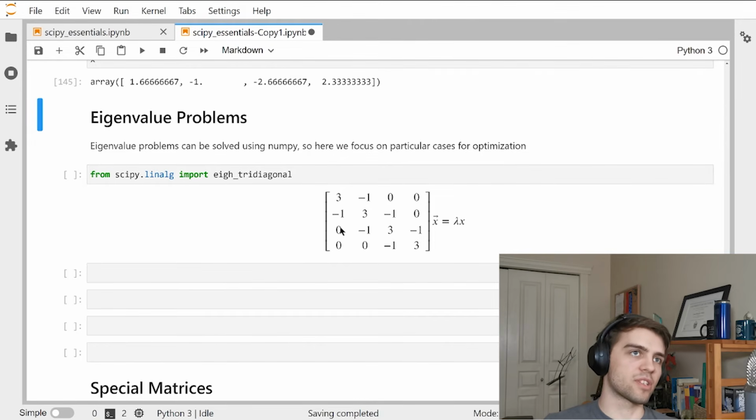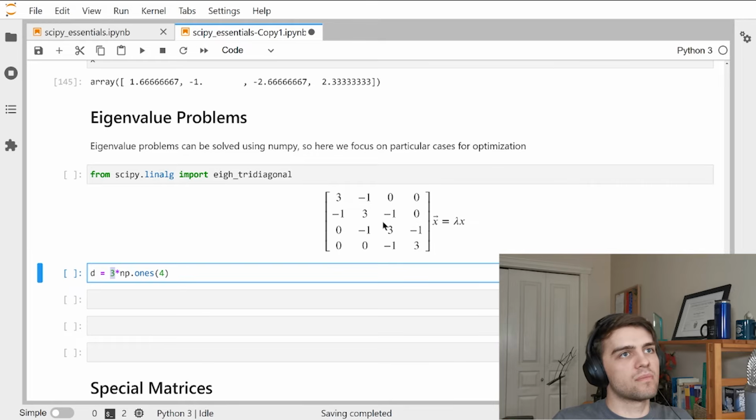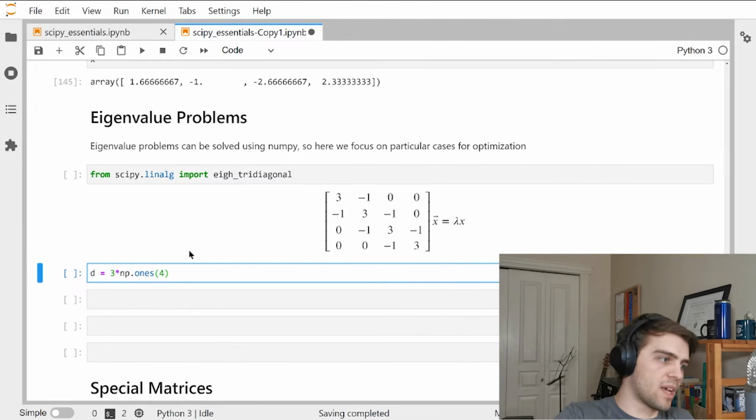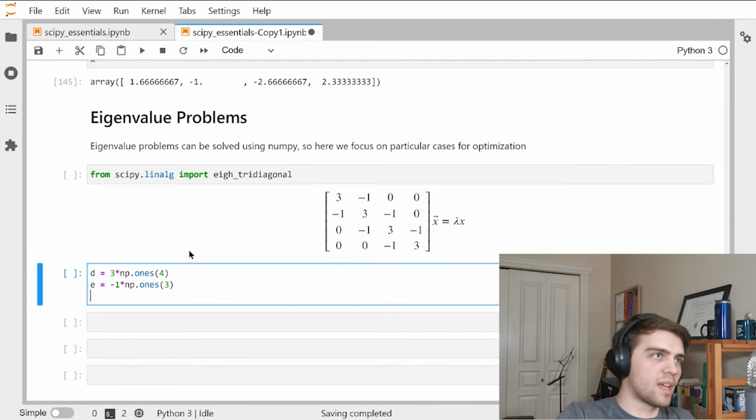That's a tridiagonal matrix. And so to solve this problem, I would first specify the main diagonal, which is just 3, 4 times. So it's 3 times 4 ones, right? So this gives me an array of 4 ones multiplied by 3. The off diagonal is equal to -1 times np.ones(3). And I can get my eigenvalues and my eigenvectors.